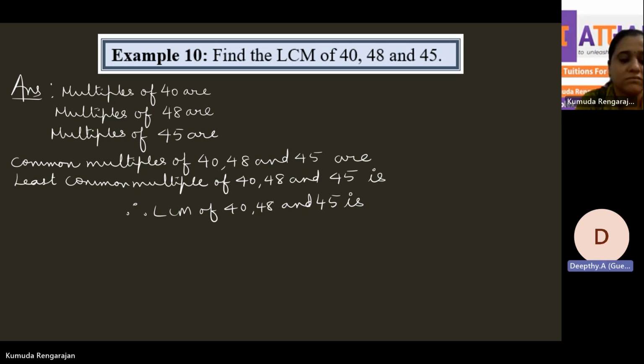I have a doubt. In the multiples of 40, there's 240. And in the multiples of 48 also, there's 240. But in the multiples of 45, 240 is not present. So can we still write it, or is it supposed to be present in all three? You must generate more multiples.